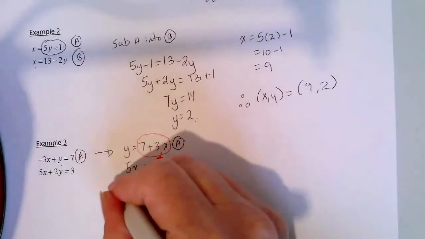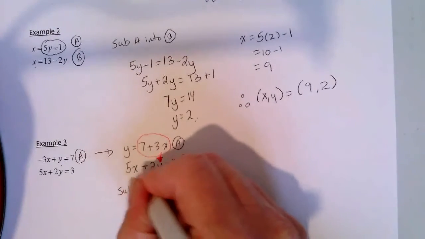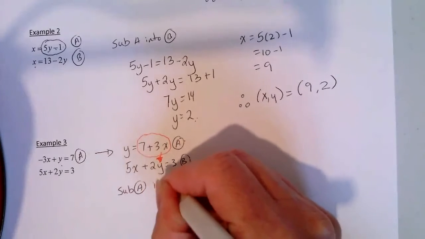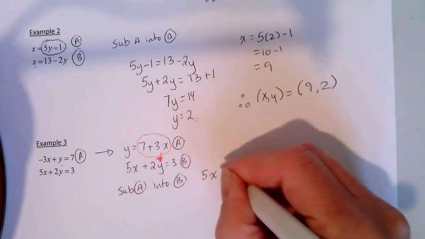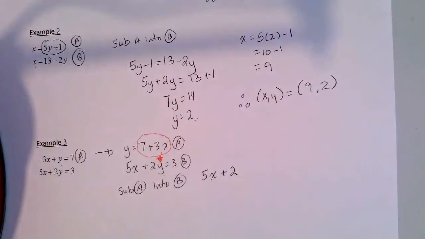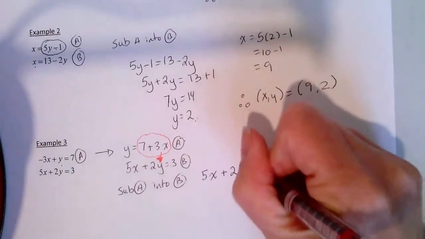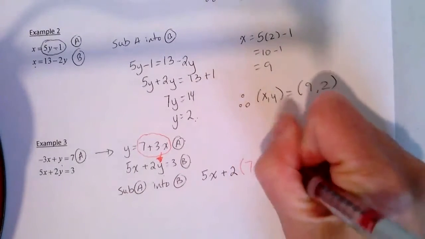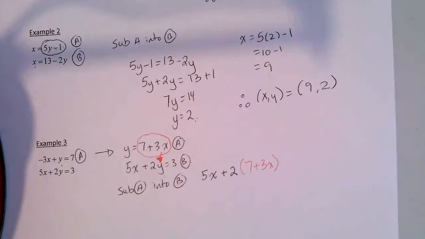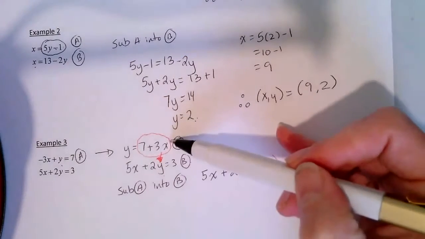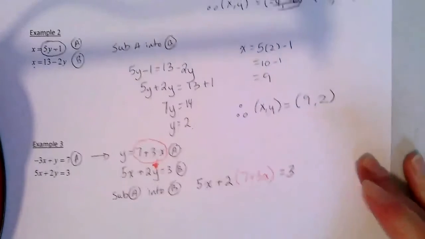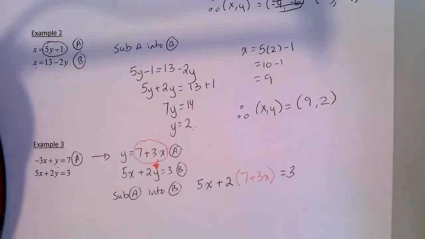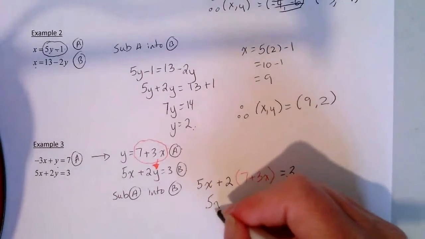So we are going to substitute A into B. So we're going to write 5x plus 2, but now the y value is 7 plus 3x. That's what we've done. We've replaced that y with an equivalent expression in terms of x. And now we have an equation involving one variable, just x, and we can clean this up and solve.